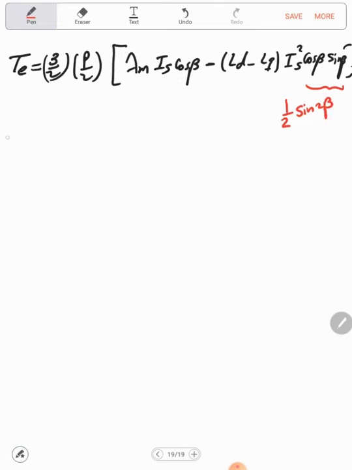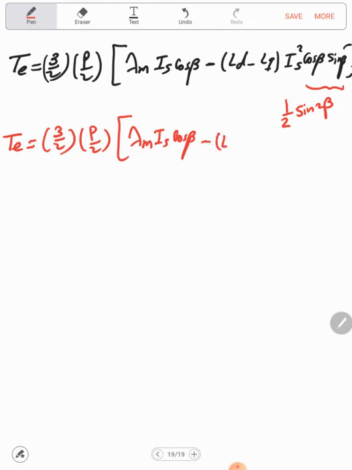So now we can rewrite the torque TE equal to 3 over 2 P over 2 lambda m IS cosine beta minus LD minus LQ over 2 IS square sine 2 beta.